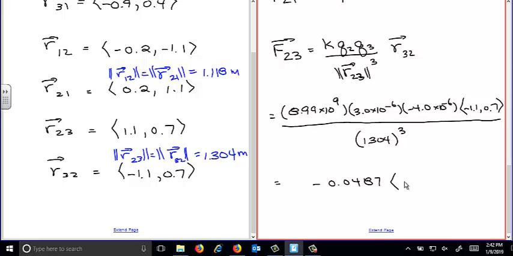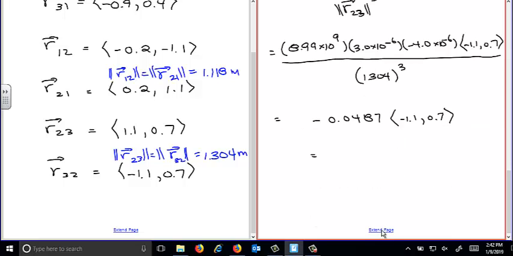And then we multiply that scalar times the components of the vector. So what we'll get is positive 0.0535 comma negative 0.0375. And that's the force vector 2, 3.